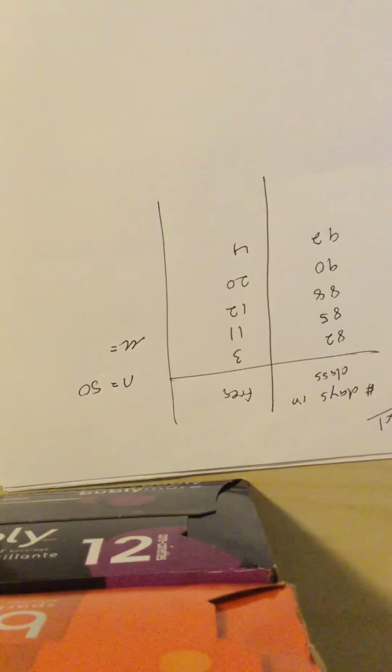That doesn't seem right. 82 times 3 plus 85 times 11, 12.